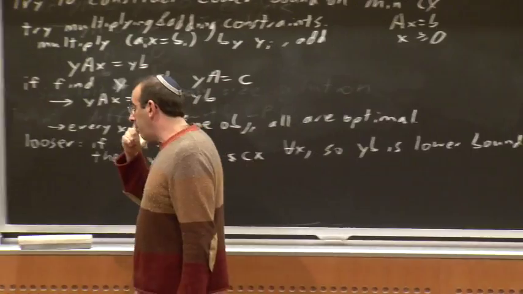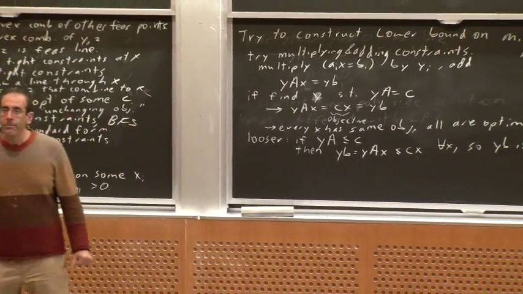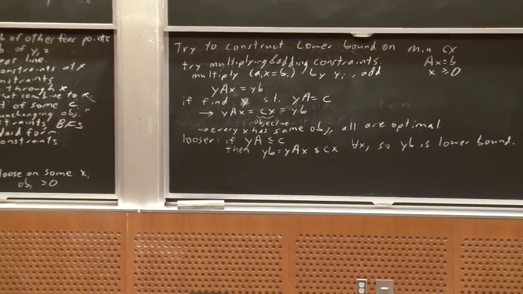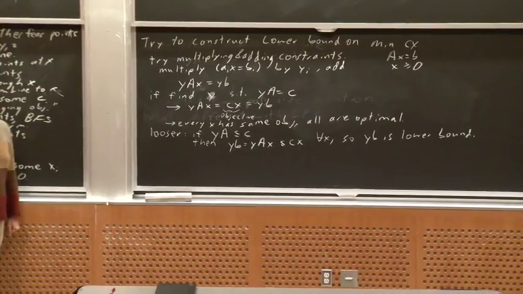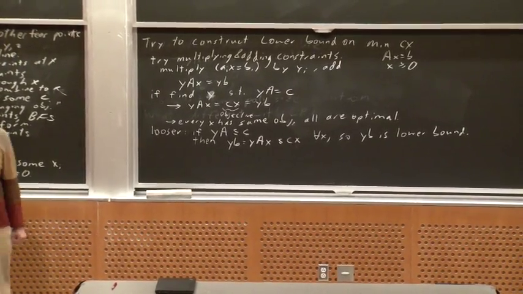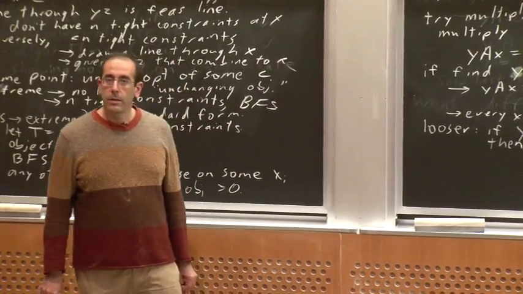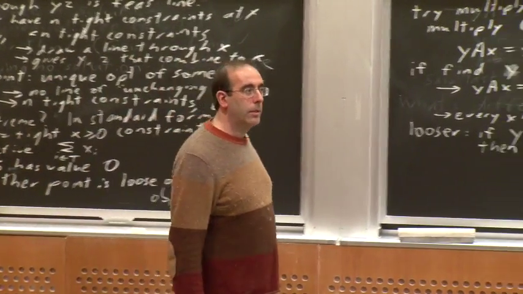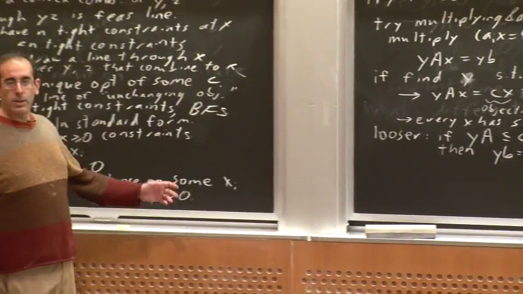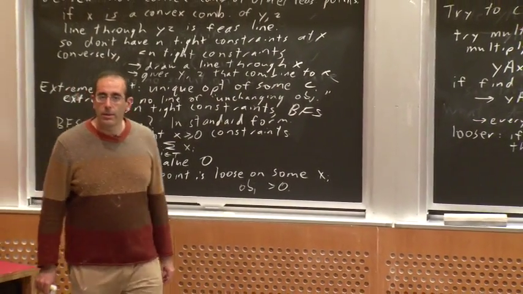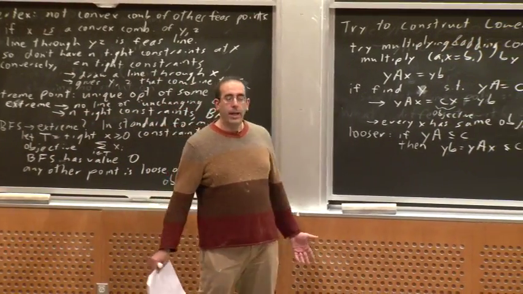Now, why was it important for me to enforce ya less than or equal to c? Can I just pick any y and get a lower bound this way? I see shaking heads.